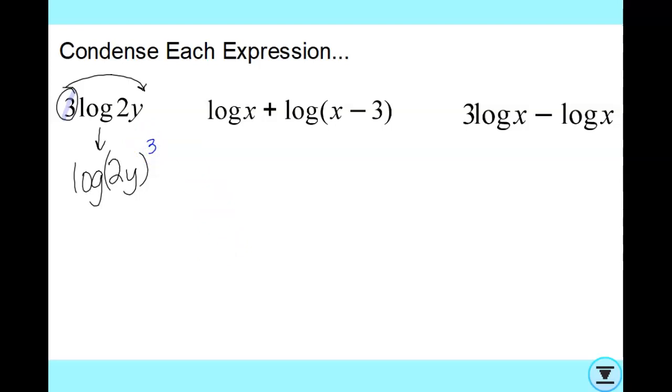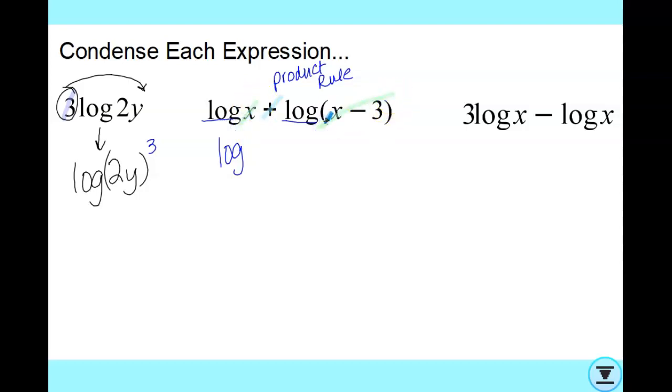On this one, we have addition between the two, which means that we're going to be using the product rule. So these two logs will combine into one. And then we have the x and the x minus 3.